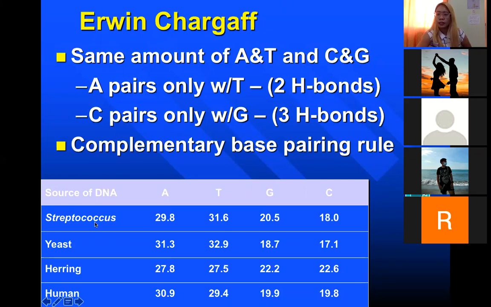Streptococcus is a bacteria. Yeast is a unicellular organism na eukaryotic na siya. So ito yung ginagamit na pampaalsa. Most of you in your fermentation use yeast. So that is a unicellular eukaryotic organism. Herring is a form of bird. And then of course, we have humans.